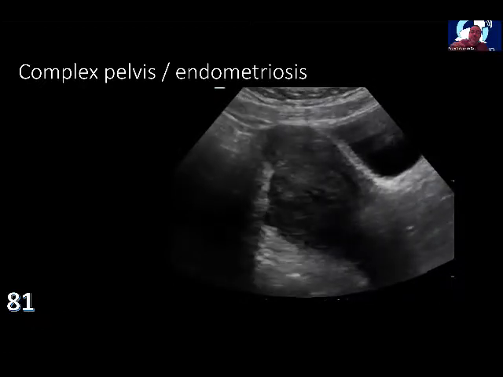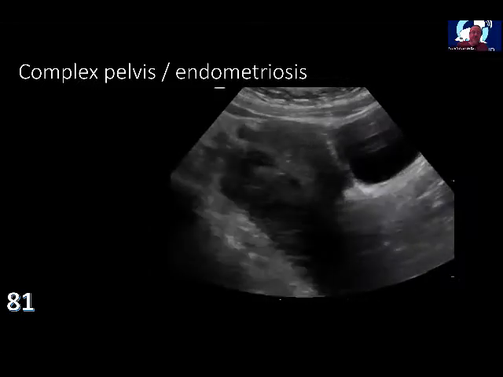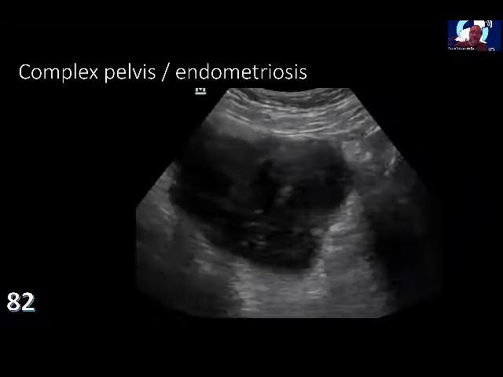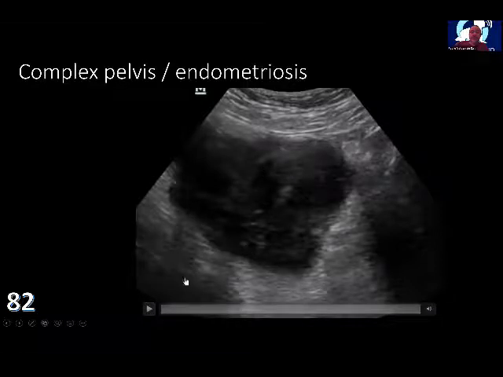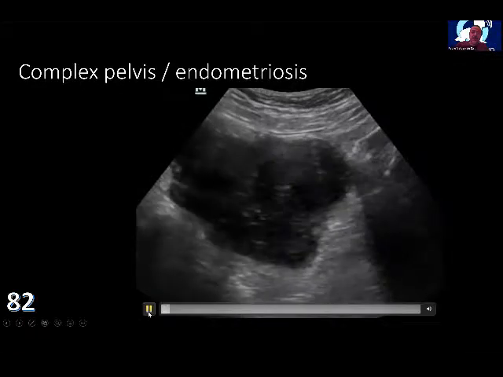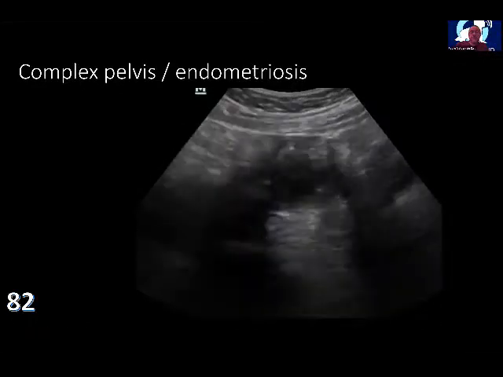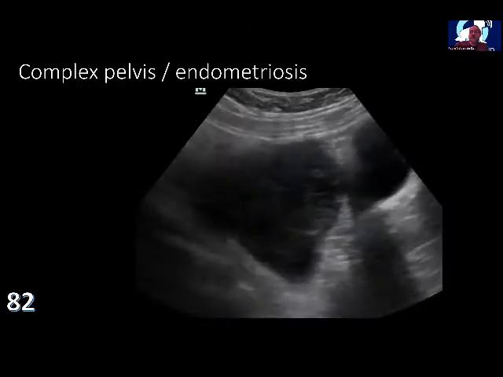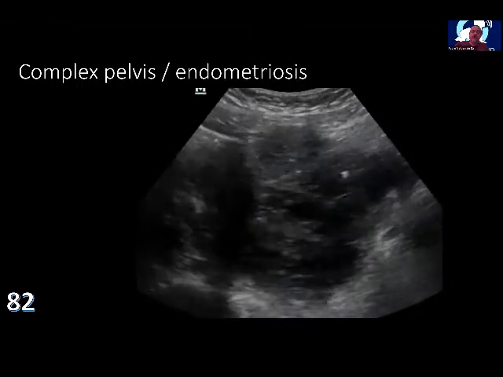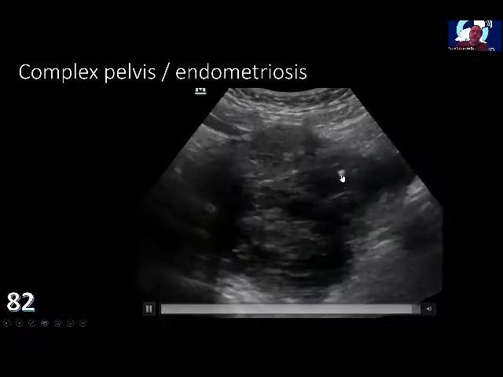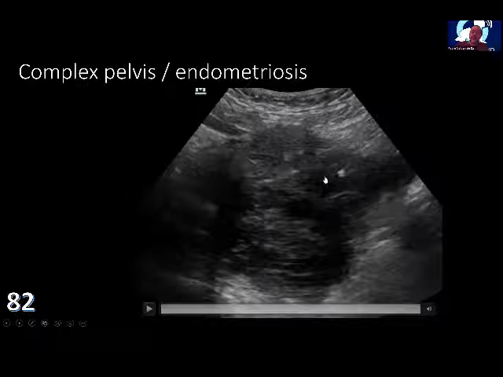We tilt the transducer, change the angle a little bit, still ugly, I don't know what's happening kind of thing. In the transverse view, or closer to the transverse view, we can see some bright points outside, a complex pelvic image.